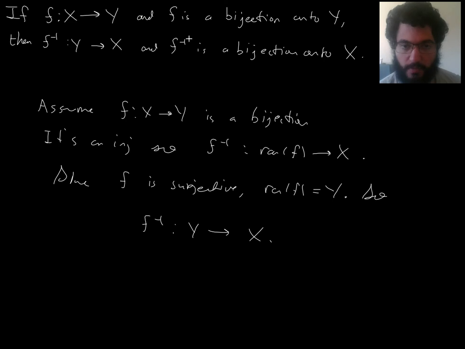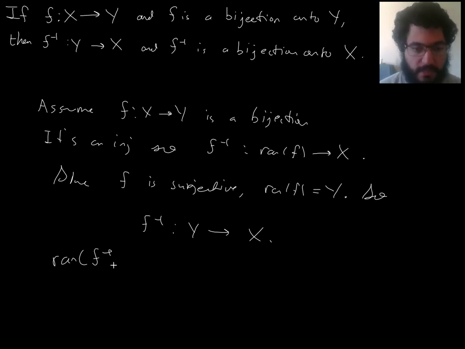Then we need to verify that f reverse is a bijection. So is this here a bijection? Well, surjectivity in this case is an easy one to check, since the range of f reverse is the domain of f, right?